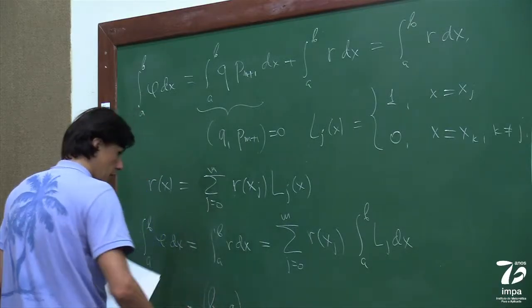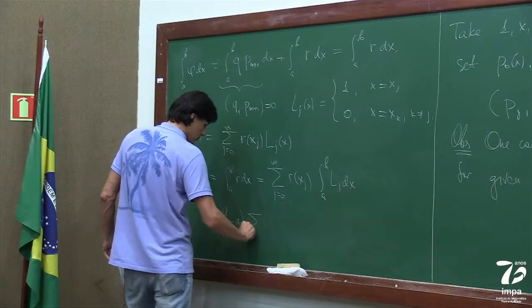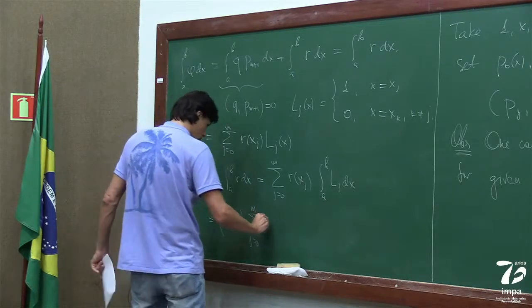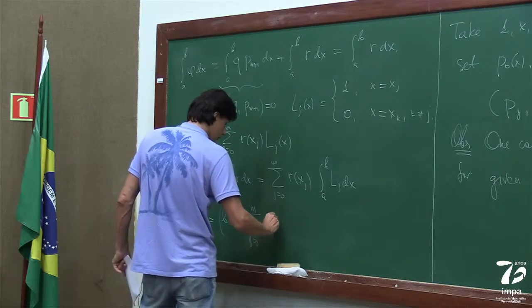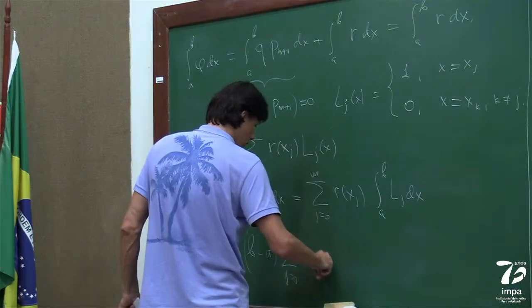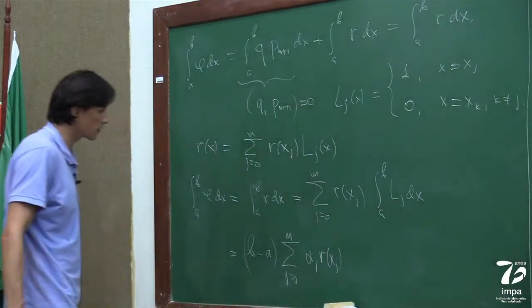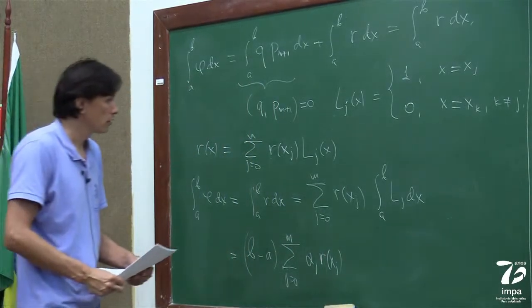So b minus a comes outside, and then it's alpha j r of xj.